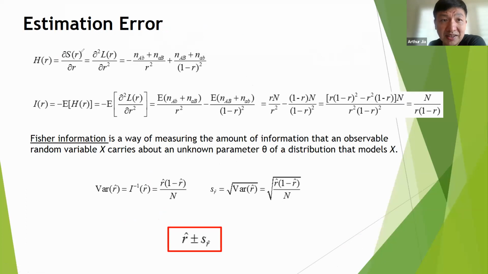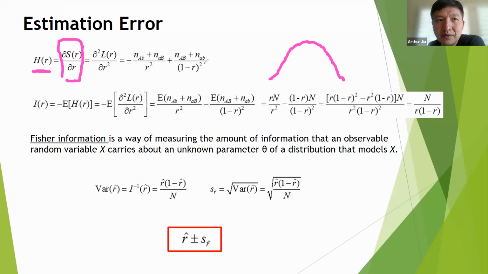Now, if we take the second derivative, then we call this the H function. The H function is equivalent to taking another derivative, the second derivative of the log likelihood, right?